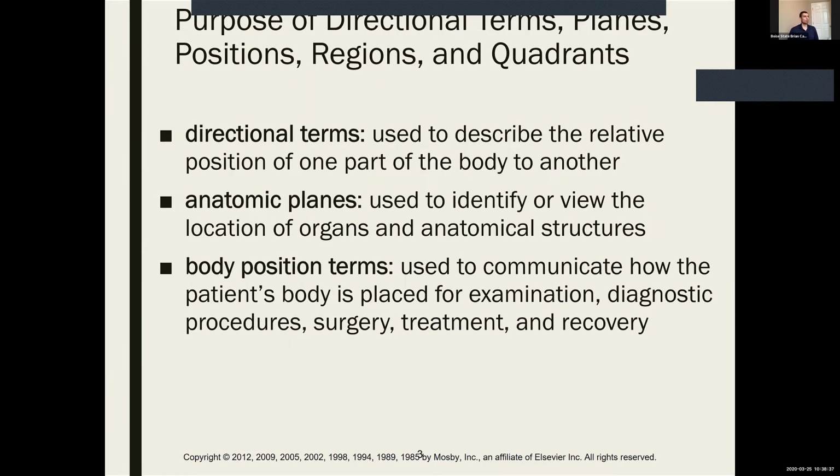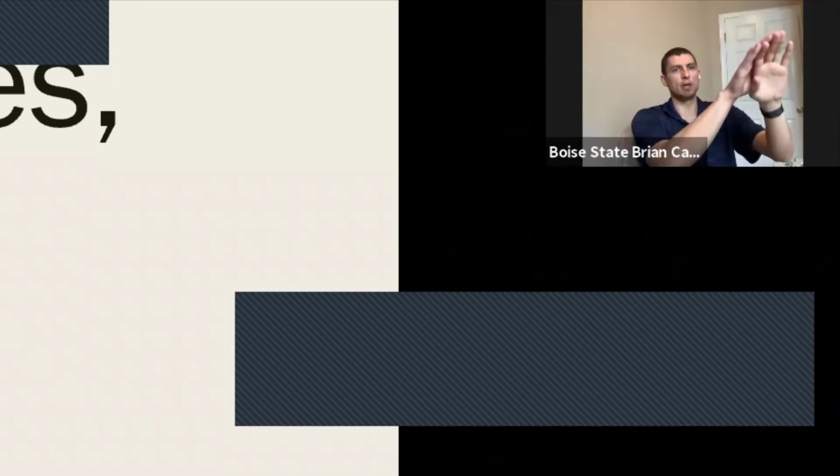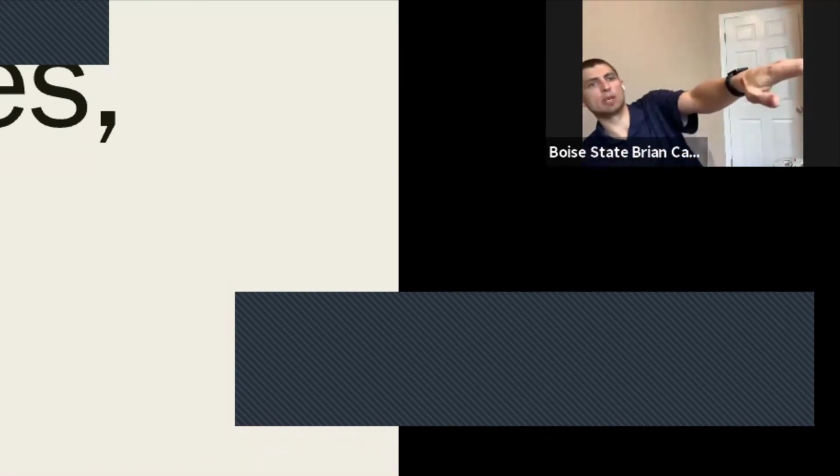So, the main items that we're looking at here are directional, anatomic, and body position. Directional is relationship to each other. So if I'm holding my hand up and I'm talking about my elbow compared to my shoulder, compared to my fingers, I'll try to get this on screen, okay?